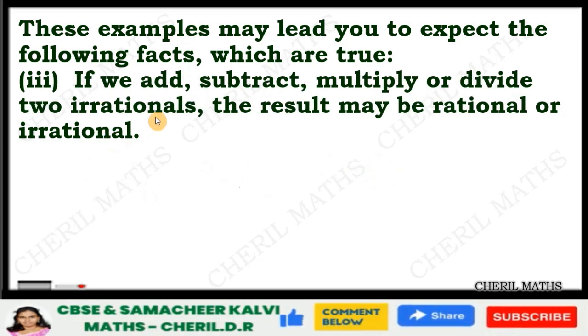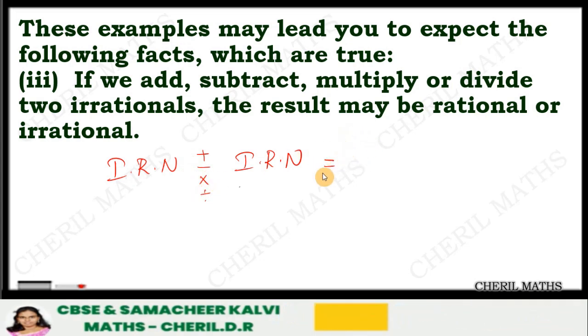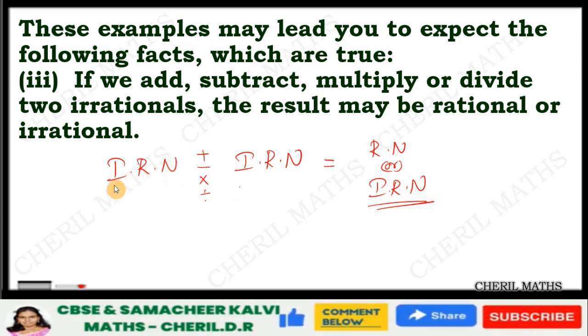The third one is that if we add, subtract, multiply or divide two irrationals, that means we are talking about the operations between two irrational numbers, then your answer will be a rational number or an irrational number.